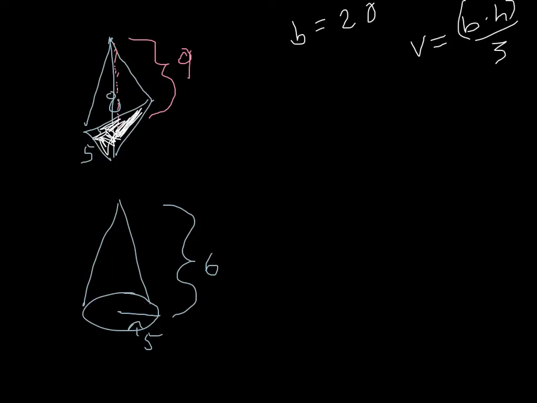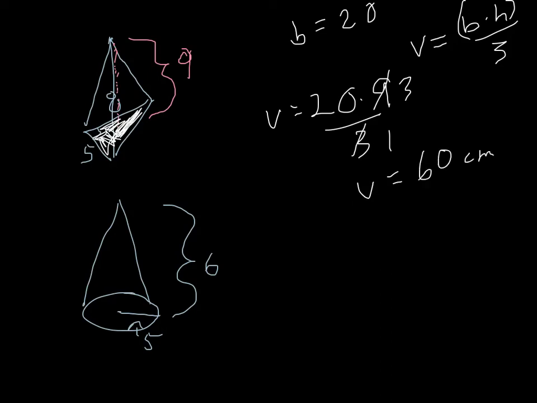In this case volume equals 20 times the height, which is 9, divided by 3. I'm going to make the math a little easier for myself and cancel. Hopefully you remember how to do that. So the volume of this pyramid is 60, and again it's in cubed units. You'll notice that it is in fact 1/3 of the volume of the prism that had the same dimensions, except it was a prism instead of a pyramid.